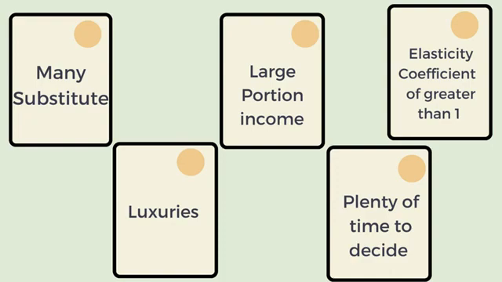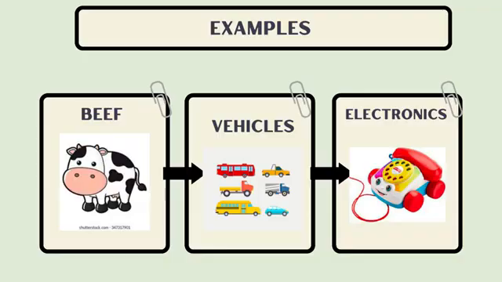A few characteristics of elastic demand are that it has many substitutes, and this is related to the luxury of an item because we don't really need it. It takes up a large portion of our income, and we have plenty of time to decide, as it is a luxury item. It has an elasticity coefficient of greater than 1.